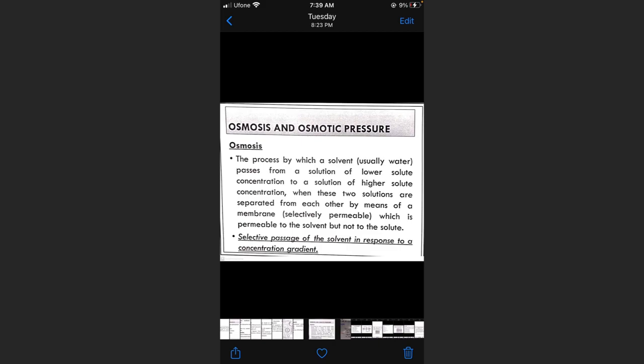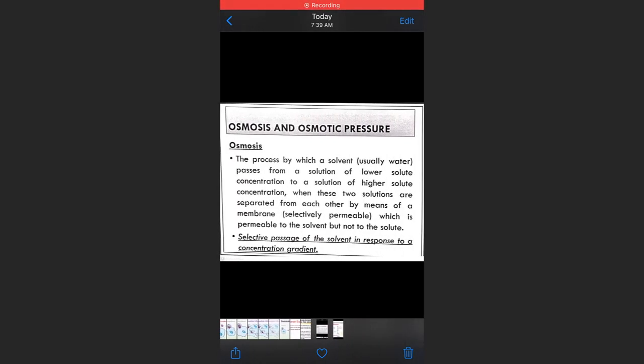And the movement of the solvent across the semi-permeable membrane is hindered or stopped by a pressure which is known as osmotic pressure. Taking the example of a container having a semi-permeable membrane, different solute particles move across it, and the pressure or hindrance caused to stop this osmosis process is known as osmotic pressure.